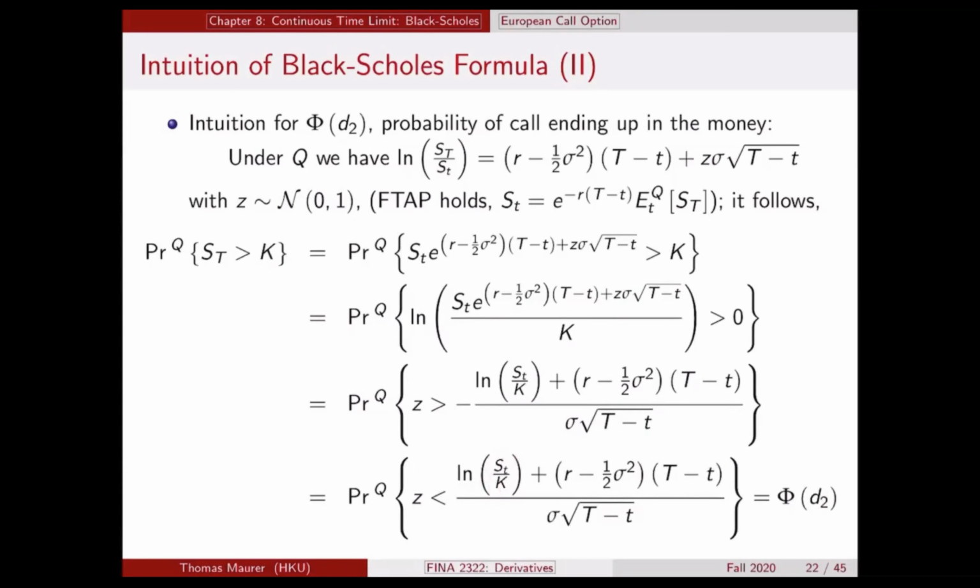So if you're very deep out of the money and you add that expected growth, or the expected log return of the underlying asset, that tells you how far you are away from being in the money, and then you normalize that by the standard deviation. That tells you how many standard deviations you actually are away from being in the money.